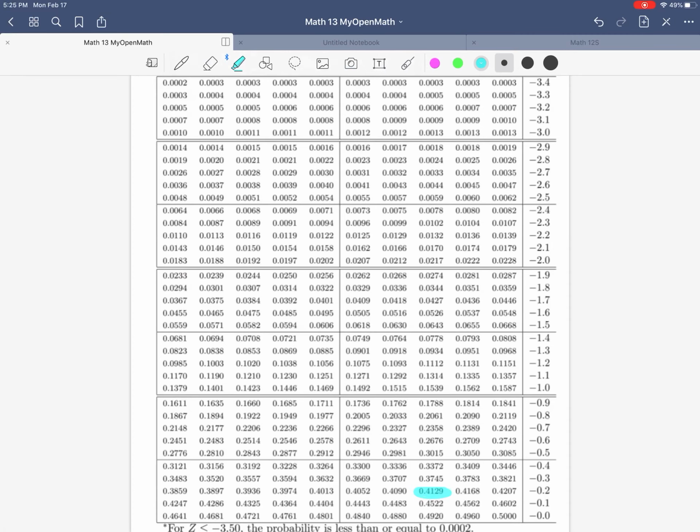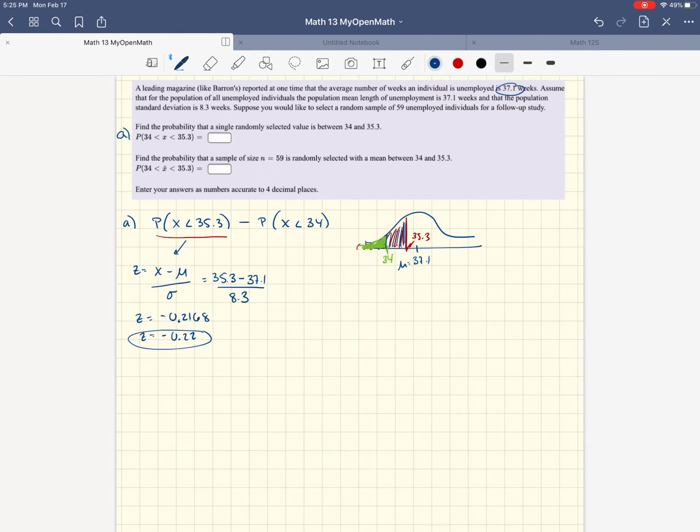This 0.4129 is what I'm going to use. Of course, you can use your calculators like your TI-83s and 84s to get a better approximation. I'm going to use the table just in case you folks don't have a nice calculator. So the probability that our variable is less than 35.3 is 0.4129.